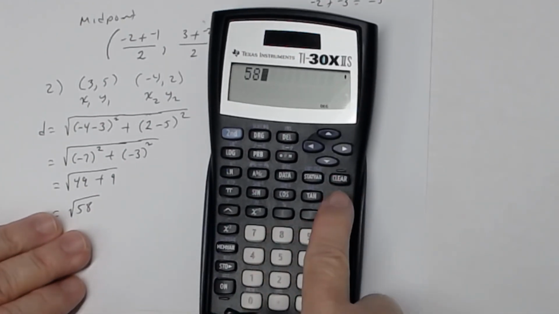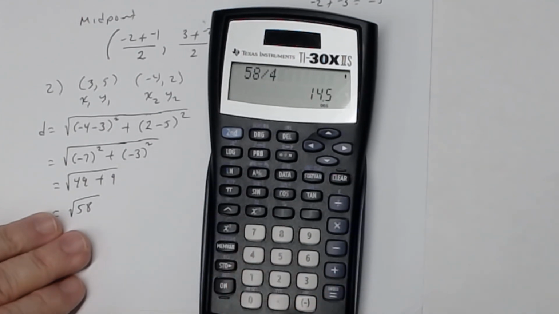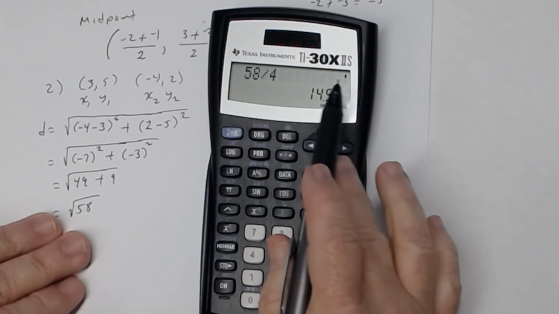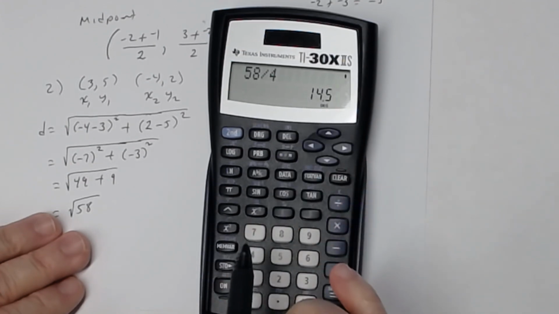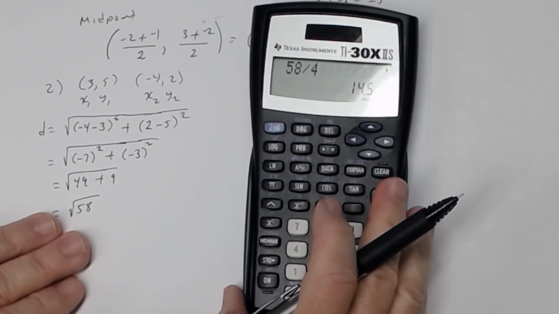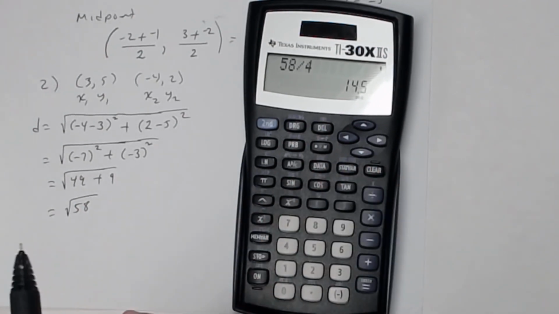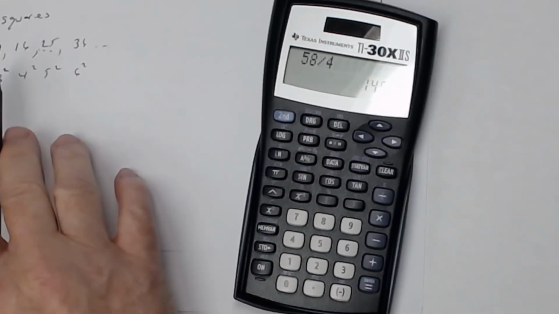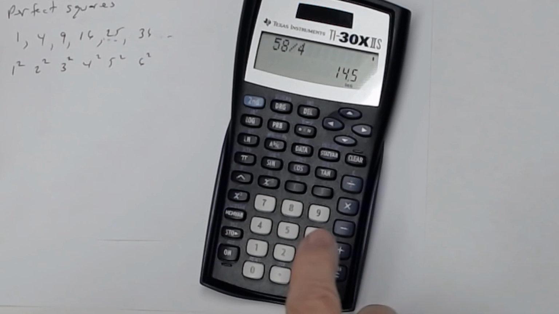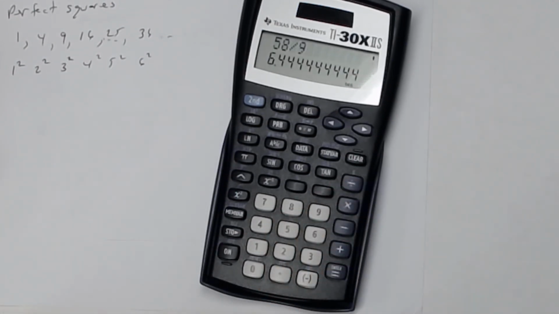So we're going to say 58 divided by 4, and we get 14.5. So it's not, because I want this to be a whole number. So let's try 9. The next one's 9, right? Let's try 9 right here. So 58 divided by 9 is that. So it's not, because that's not a whole number.